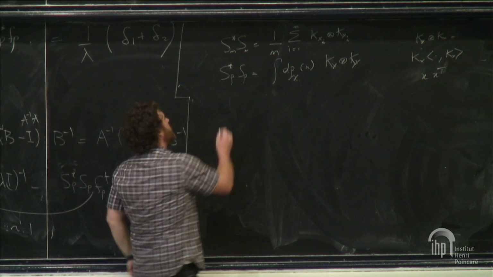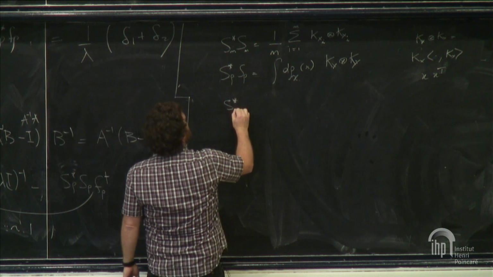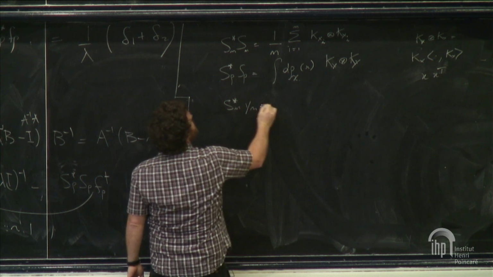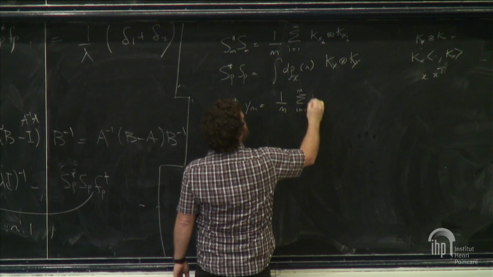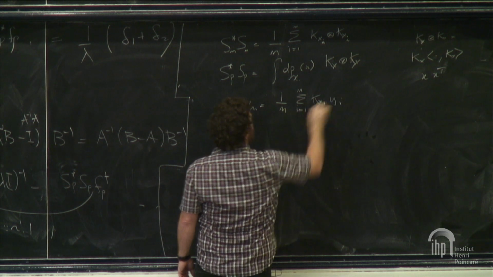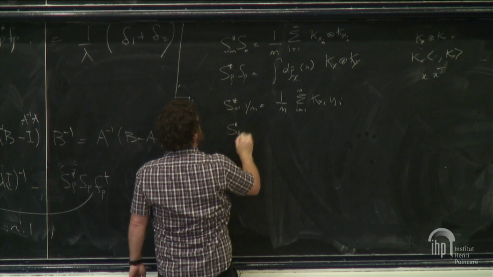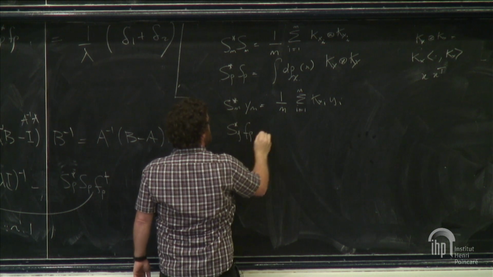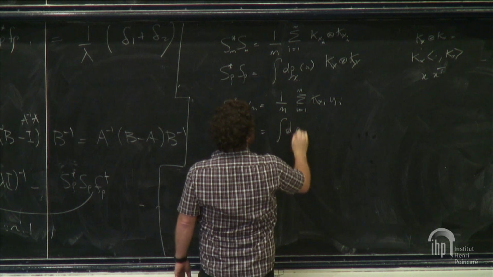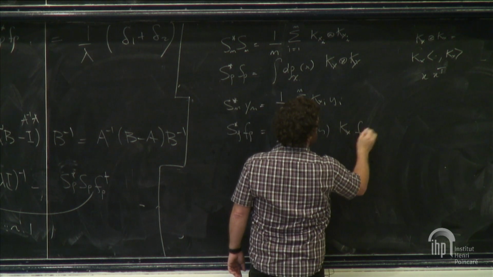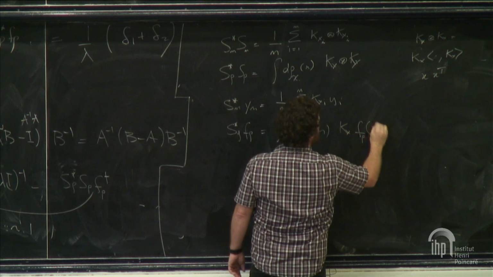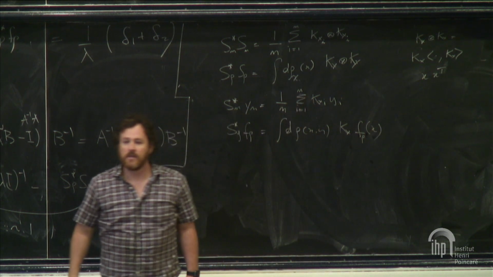If you look at S star n yn, this is equal to 1 over n, sum over i from 1 to n, kxi yi. And this is going to be equal to the integral d rho x y of kx f rho x.